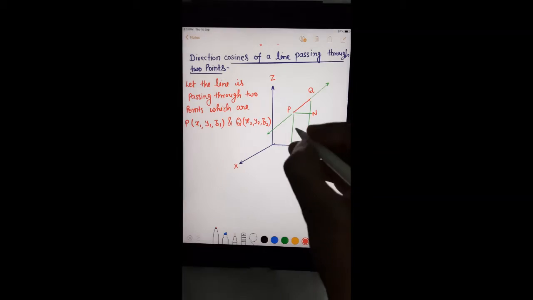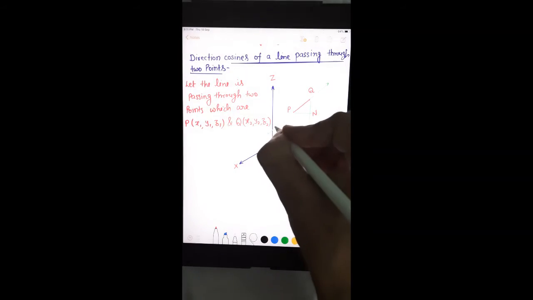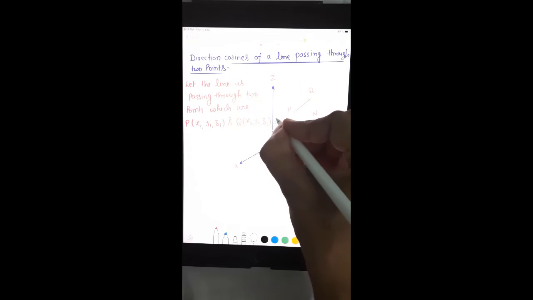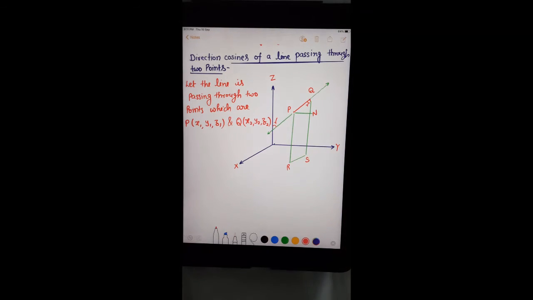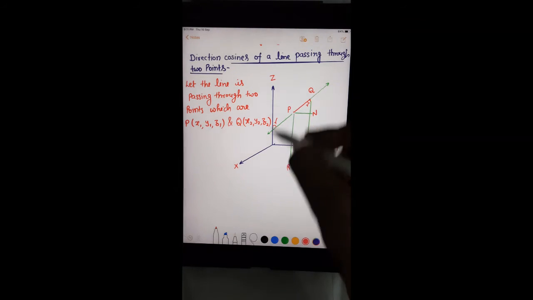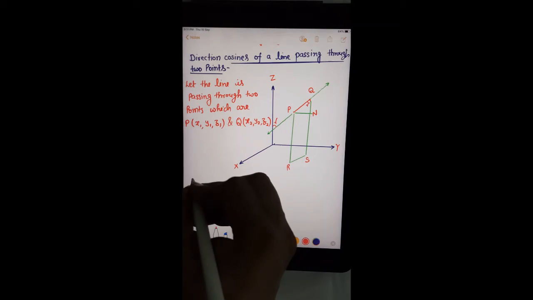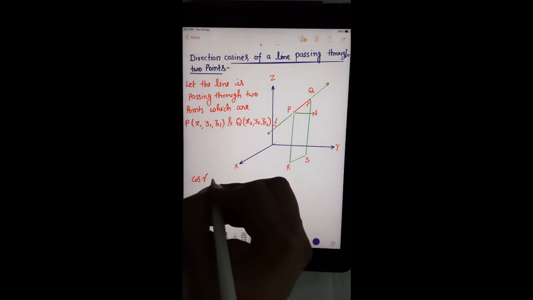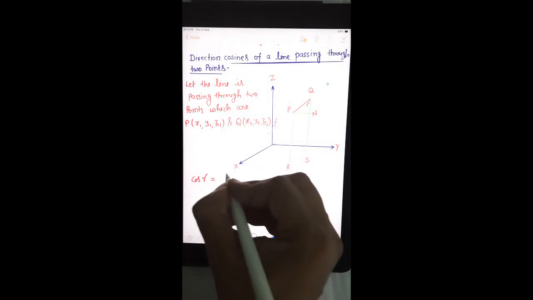Now here this line makes a gamma angle with the z axis, so this angle is gamma, and this angle will also be gamma by alternate angles, because the z axis is parallel to this line QS. So if we find the value of cos gamma, then cos gamma is equal to QN divided by PQ.